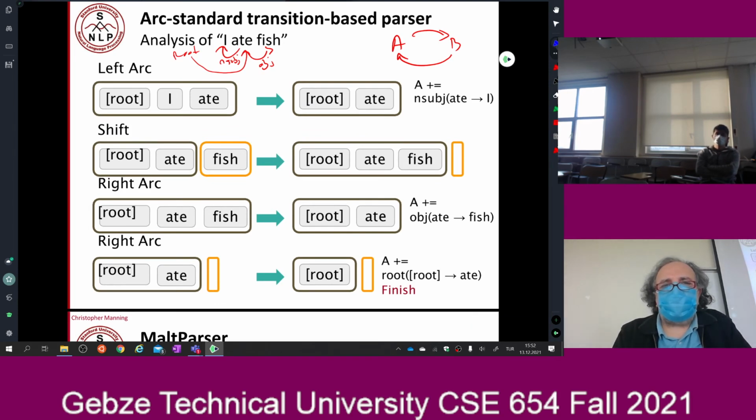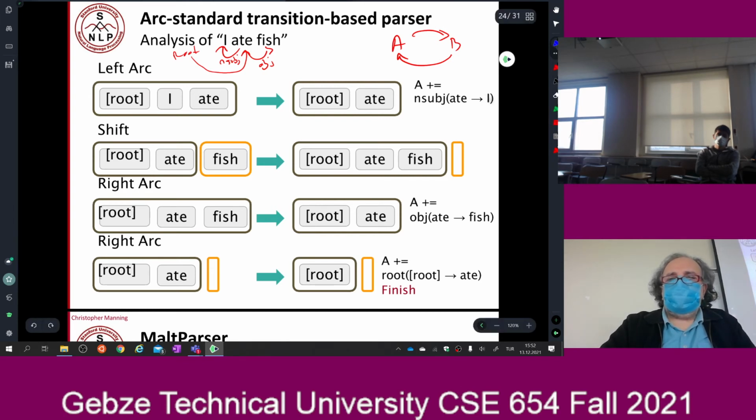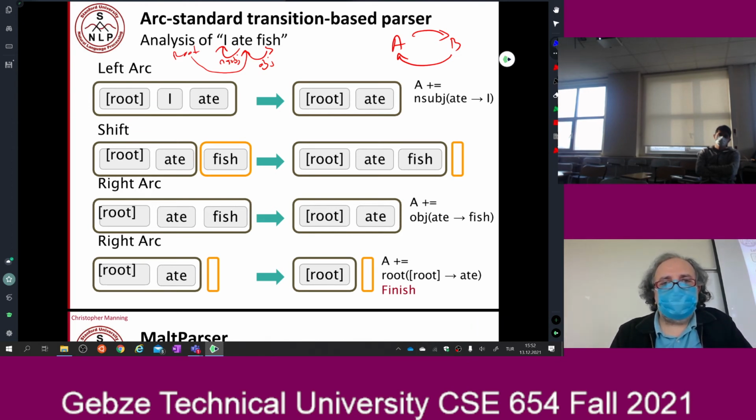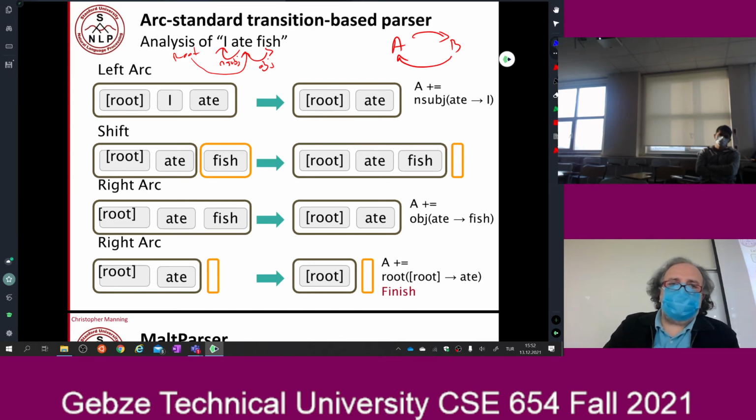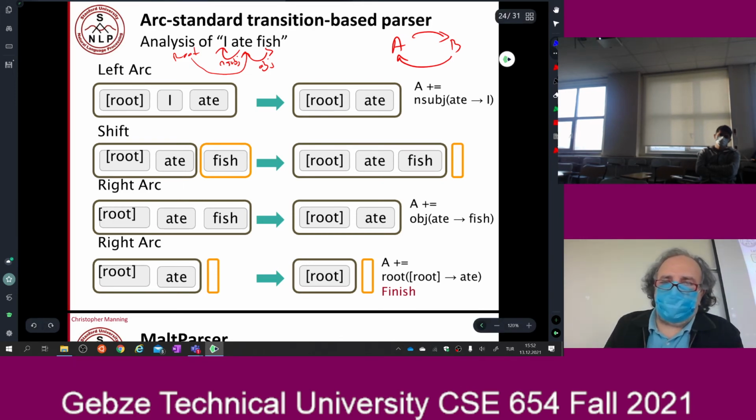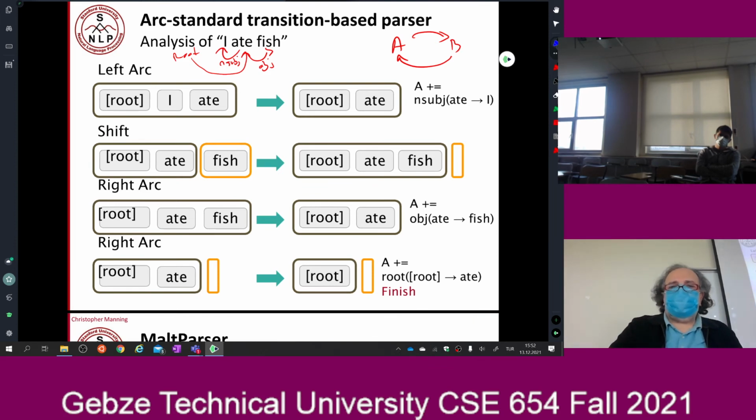What does left arc mean with this nominal subject? "I" depends on "ate", and the relationship is the subject. "I" is the subject of "ate", and then I shift again. By shift I mean I put "fish" into my stack too, and my buffer is now empty.